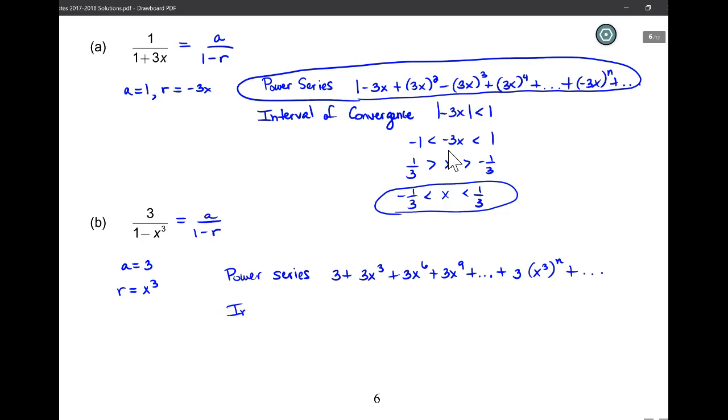And our interval of convergence is going to be the absolute value of x cubed has to be less than 1. So basically, x has to be between -1 and 1.